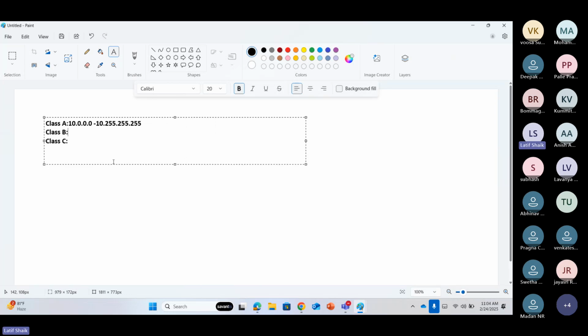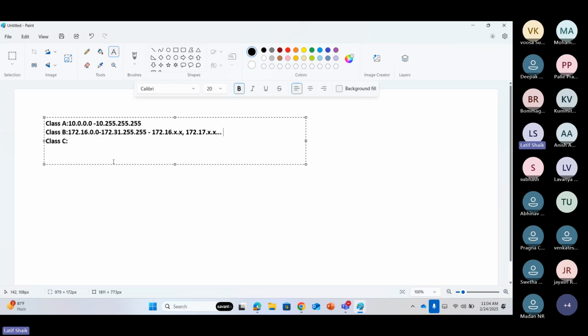In class B, totally 16 network addresses are given. The range is 172.16.0.0 to 172.31.255.255. These IP addresses all belong to private use only.